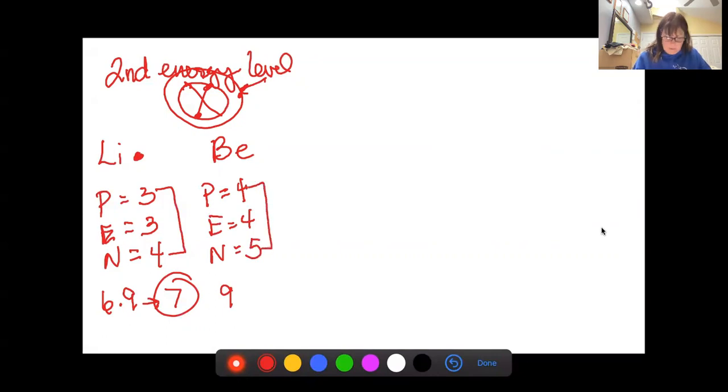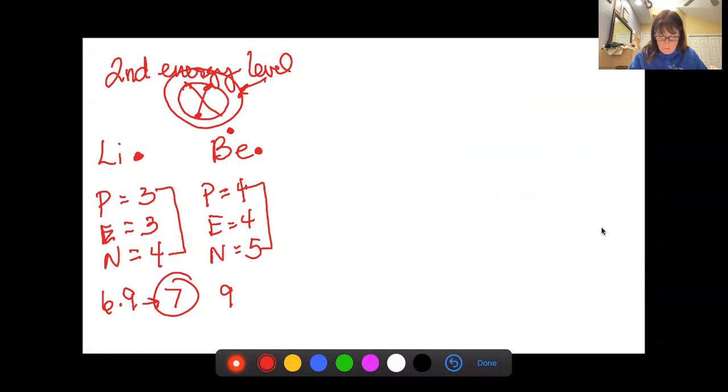Now beryllium is going to have 1, 2. Now in chemistry, we do have specific places we want to put them, but I don't care where you put them as long as you show me there are 2. Those are 2 valence electrons. I'm not saying there's 2 electrons only in beryllium. I'm saying I have 2 valence electrons. Valence electrons are, again, the electrons in the outermost energy level.